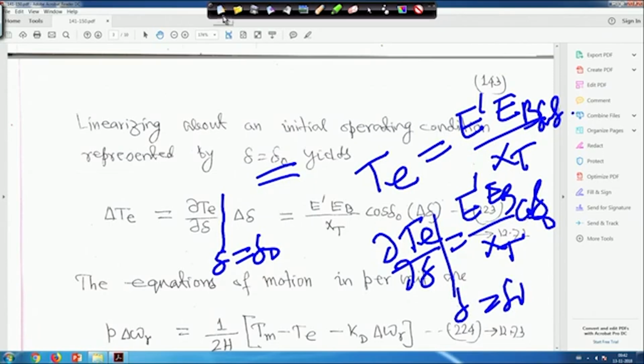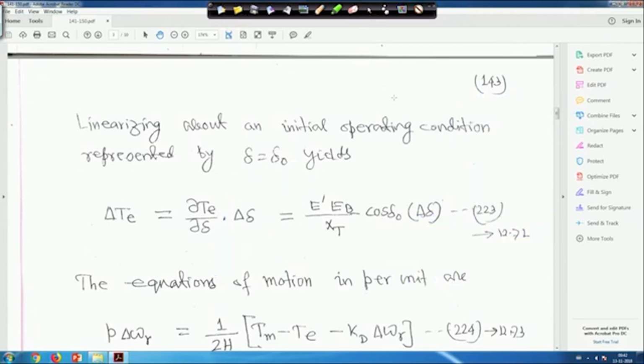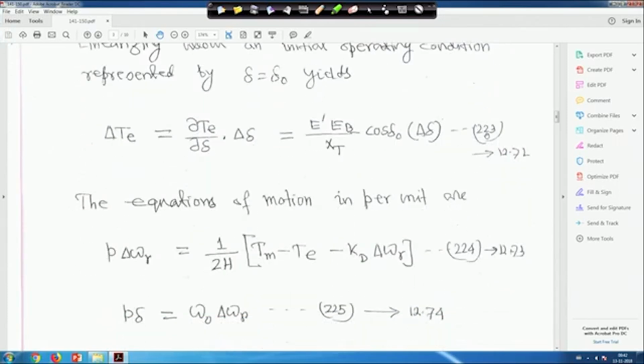So, that is why delta T is equal to delta T upon delta delta into delta delta. So, E dash EB upon XT cos delta 0 into delta delta, this is equation 223, right.